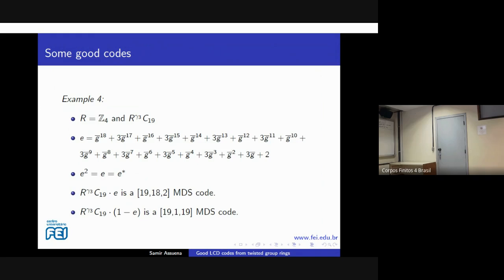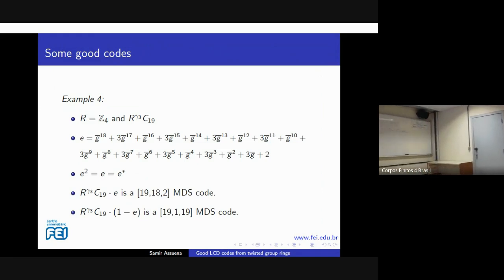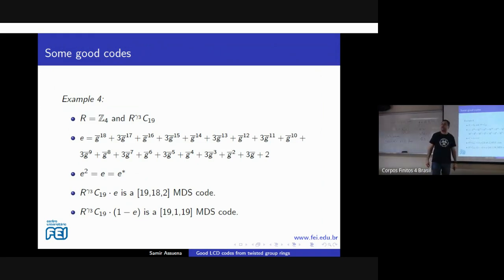So what is the analog of the MDS conjecture? There is a conjecture about the length of MDS codes over finite fields.